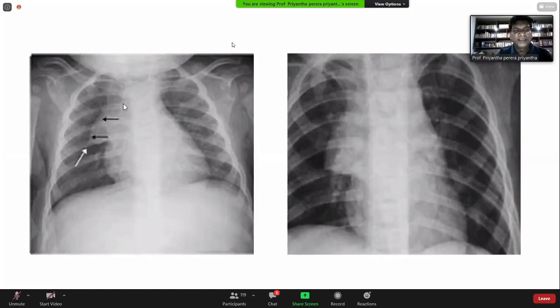Sail sign. So don't mistake this for pneumonia and treat with antibiotics, you will never heal it. But on the other hand, don't miss the pneumonia. Okay? So be careful of this one, and it's especially common if there is rotation of the film, right?